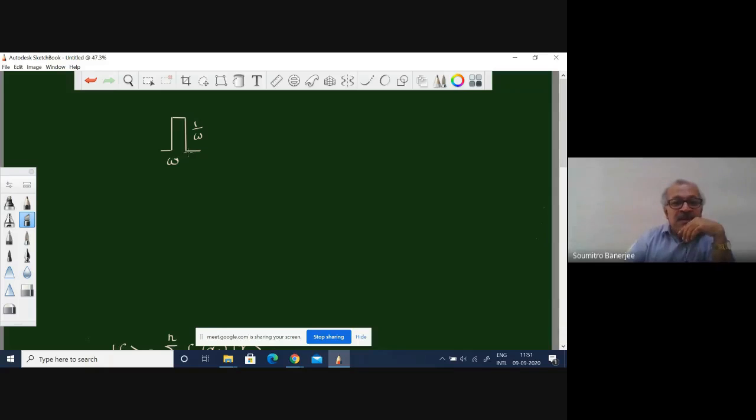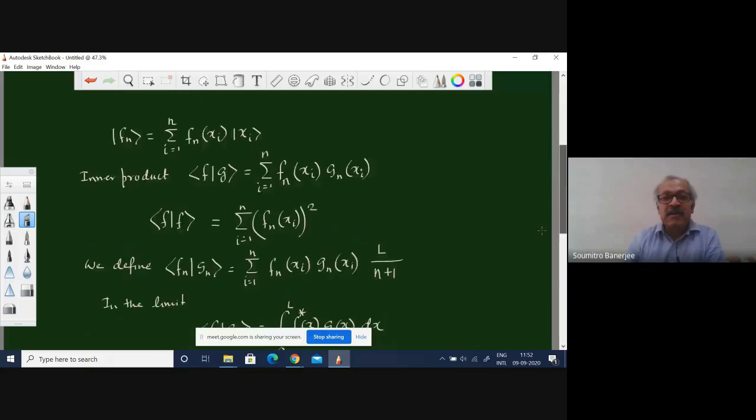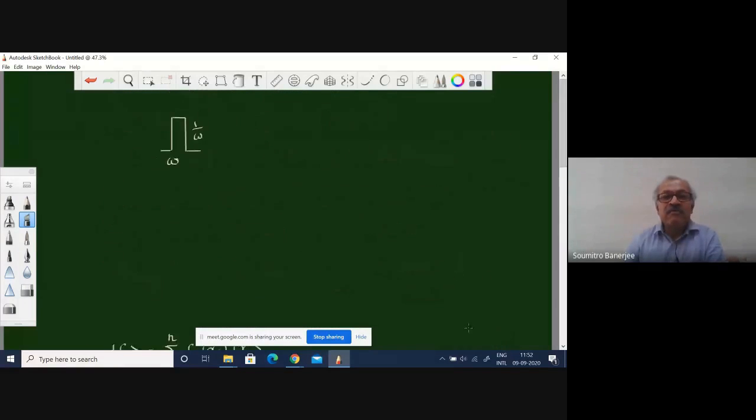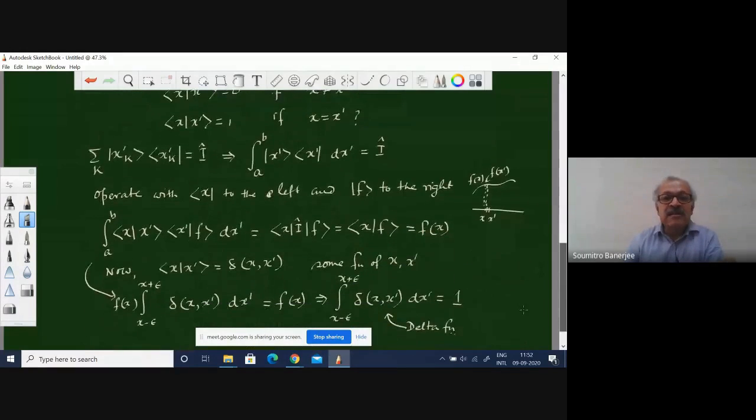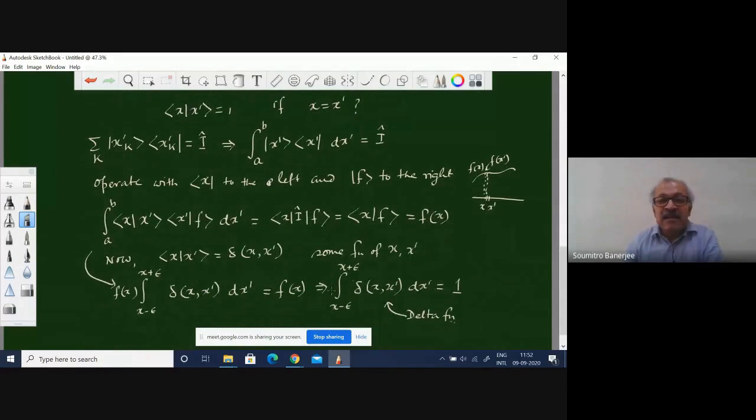And now you make the omega slowly go down so that this becomes narrower and narrower. And as it becomes narrower and narrower, the height goes larger and larger. Still, all that happens keeping the area the same, equal to 1. And that's exactly what we demanded here, right? What we demanded here was that the area has to be 1.